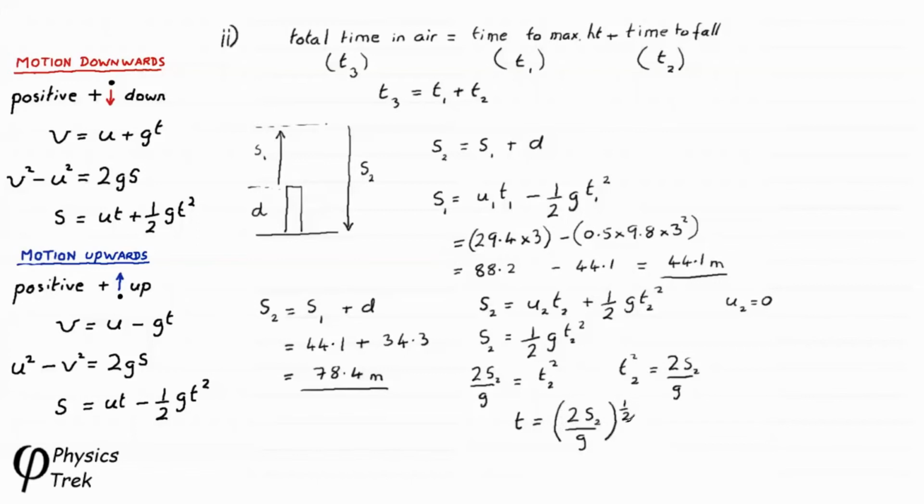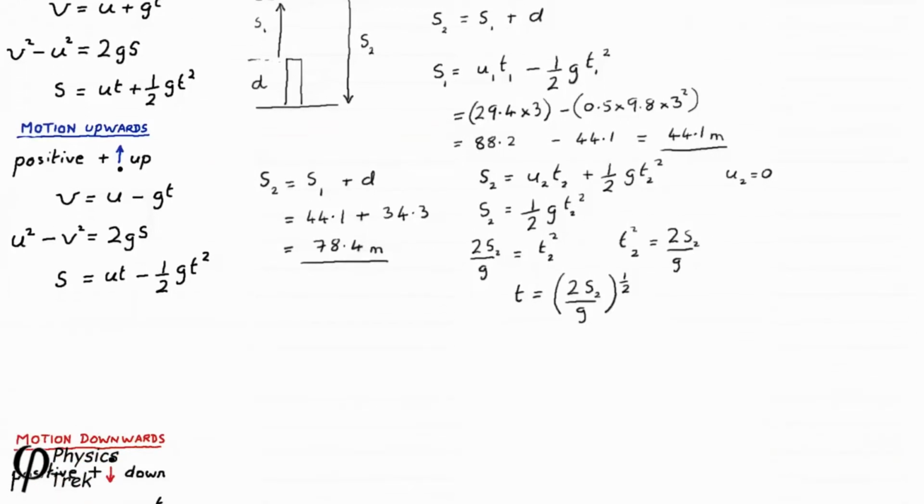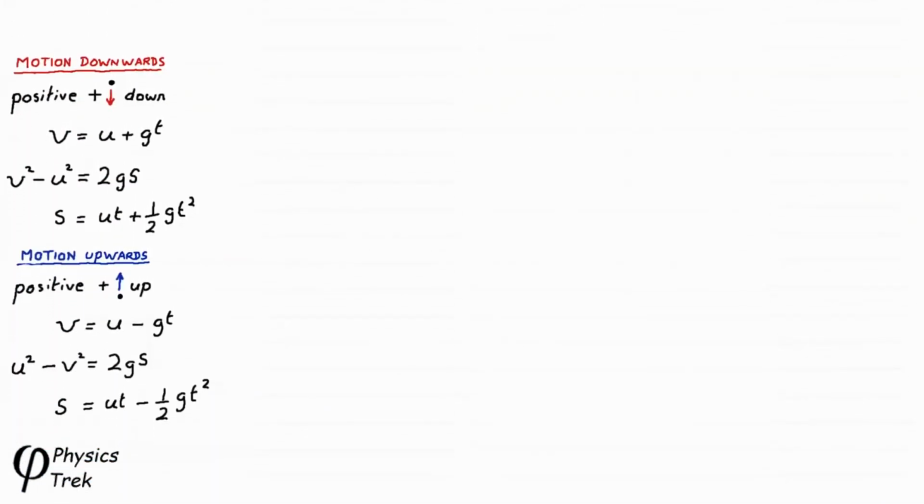Take the square root of both sides, so we're left with t2 is equal to the square root of 2s2 divided by g. Okay, now let's put some numbers in. t2 is equal to the square root of 2 times 78.4 divided by 9.8. Now that comes to 4 seconds.